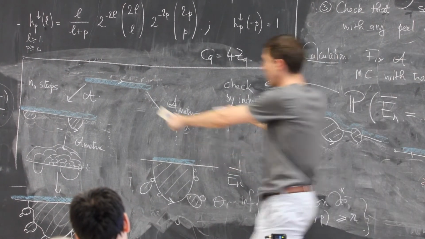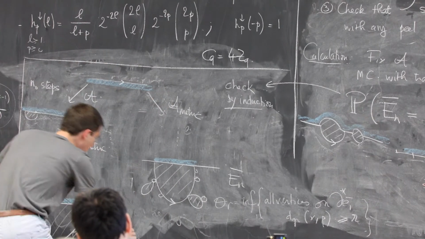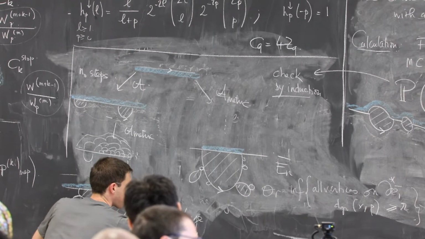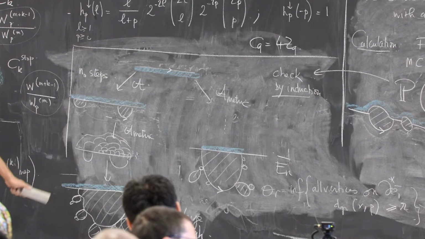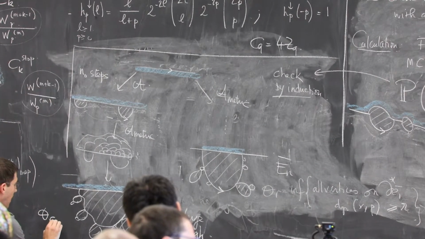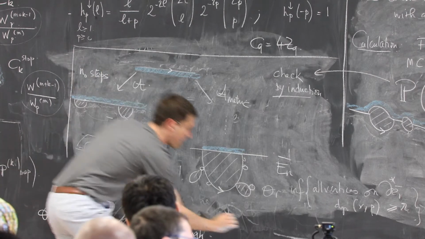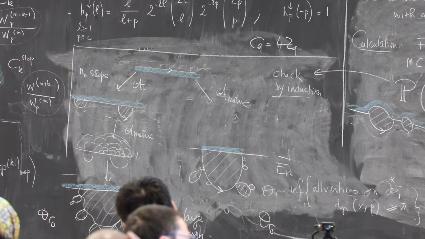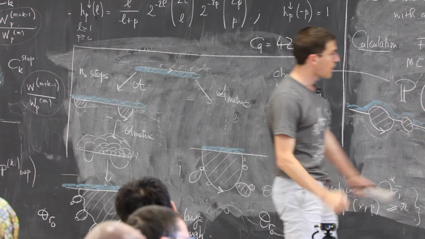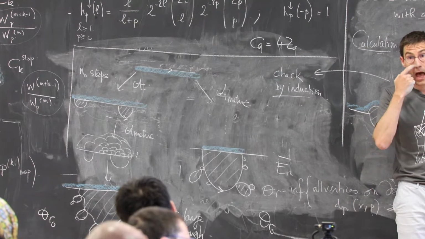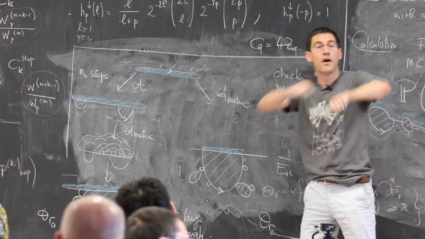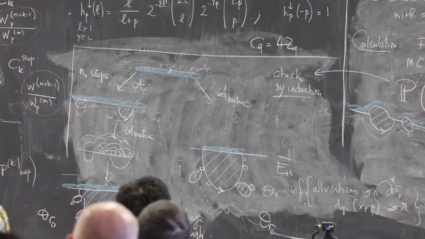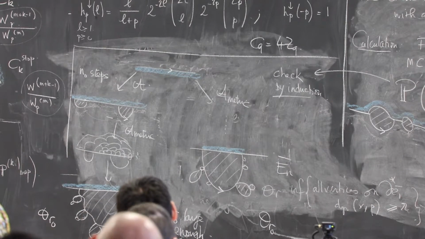What I claim is that if you look on the left, look on the right, and you wait for an R0 large enough, then the guy that you will have at time theta of R0 here, and the guy that you will have at theta of R0 here, they have precisely the same set of achievable maps. Achievable maps are just the maps so that if you explore them, that's the first time that all the vertices on the boundary are at graph distance bigger than R0, okay?